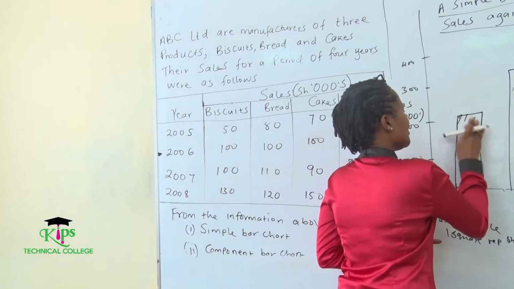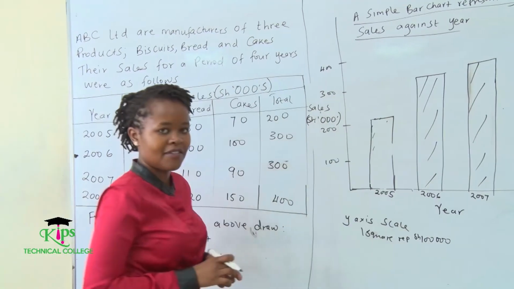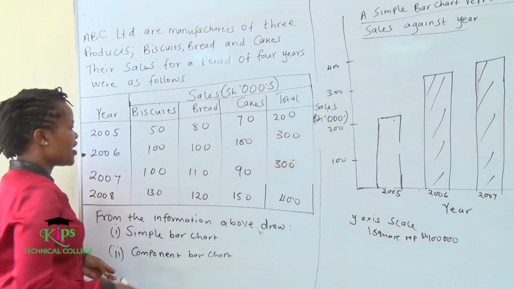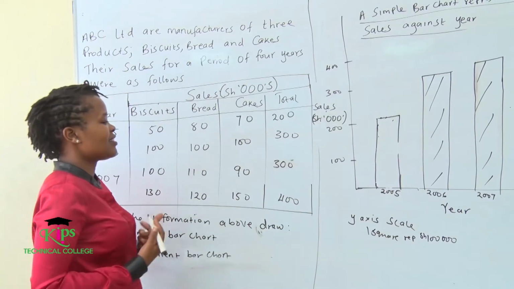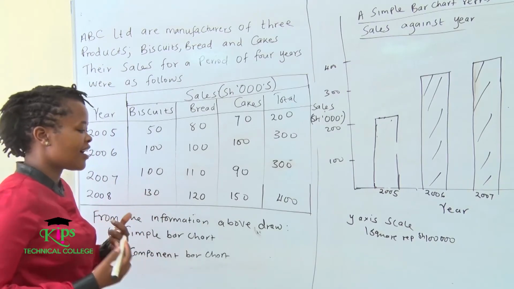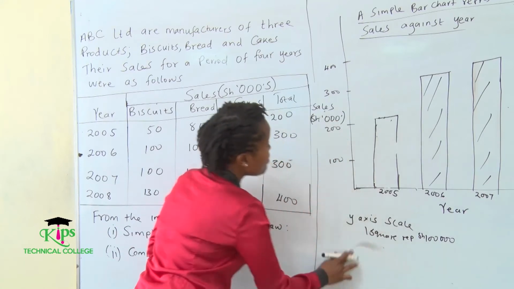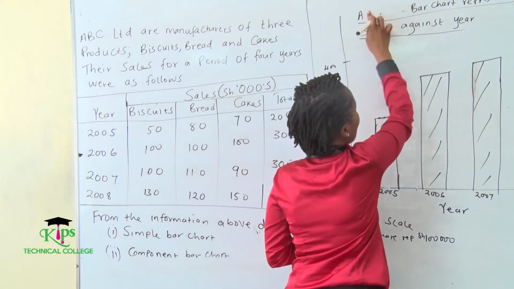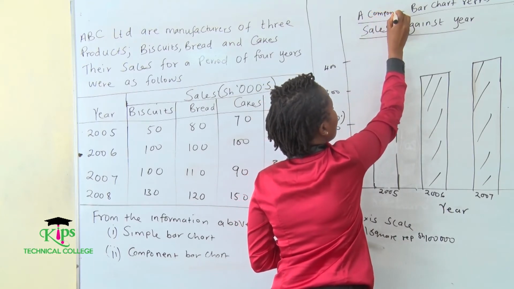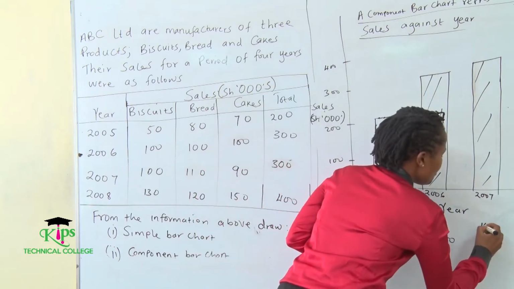For example, if I take 2005, the total is 200. How do I represent each component? If I want to represent each component, I must have a key for each component. So this is something that is coming into place now. We are not on a simple bar chart, it is a component bar chart. So a key should be there.